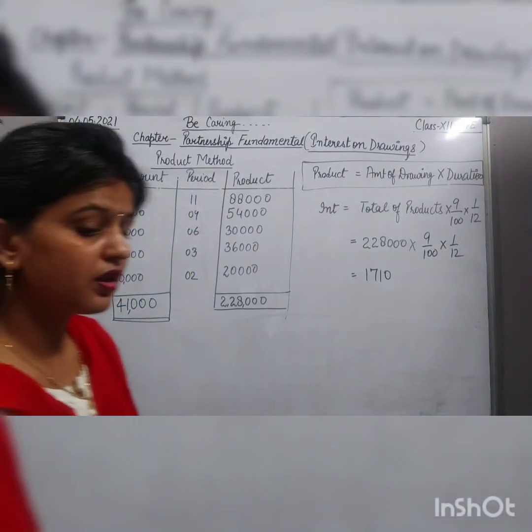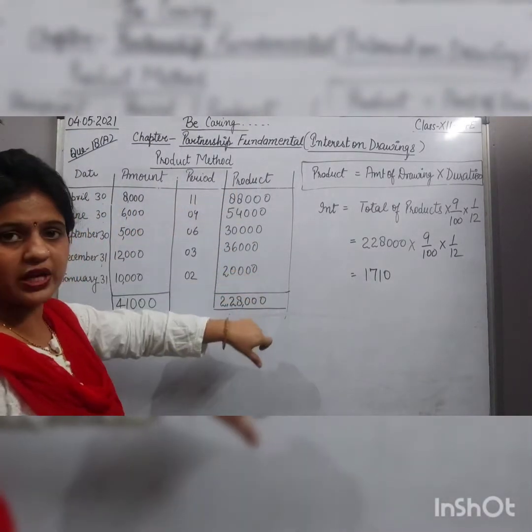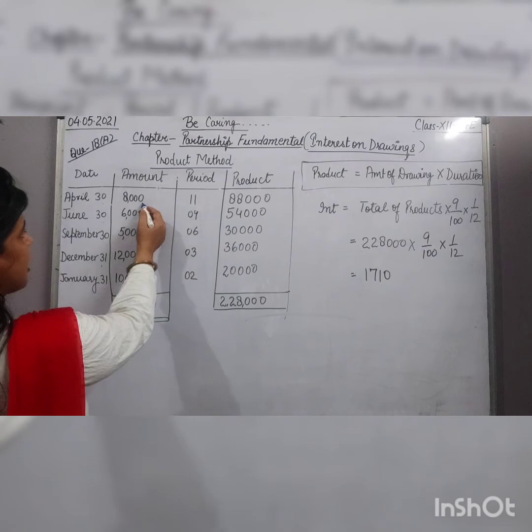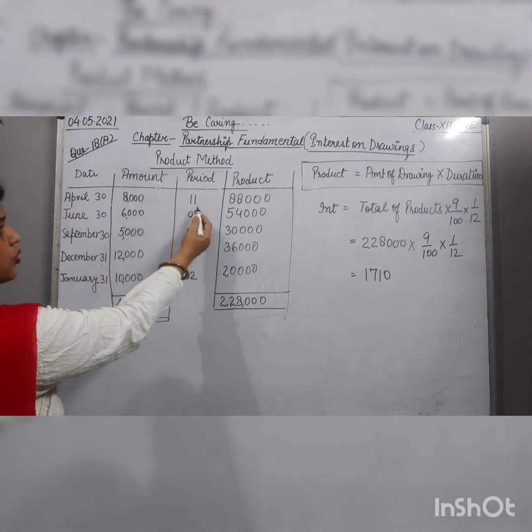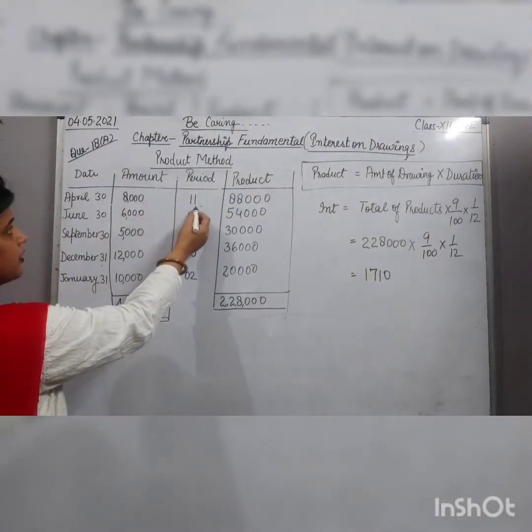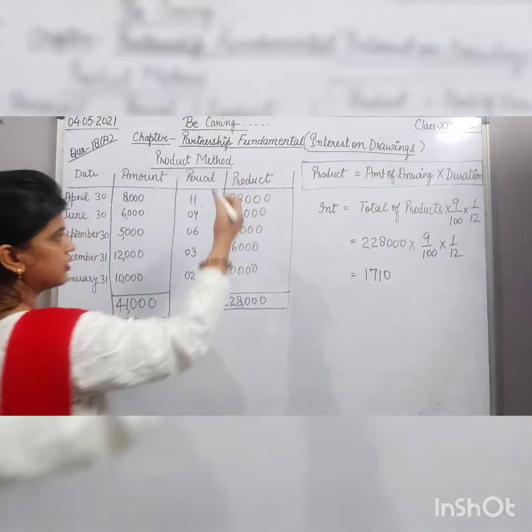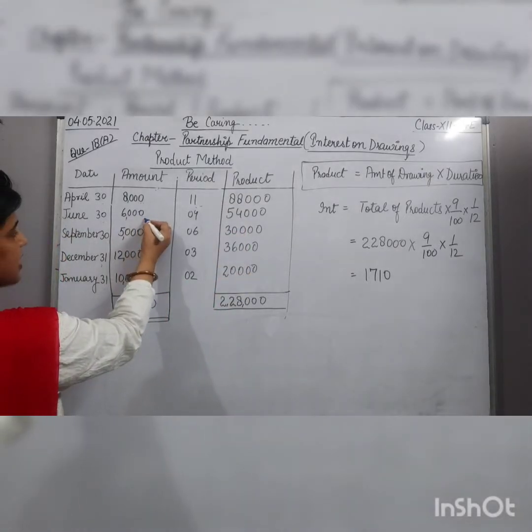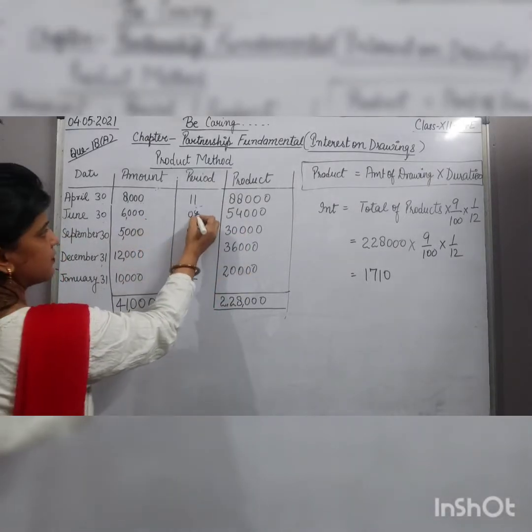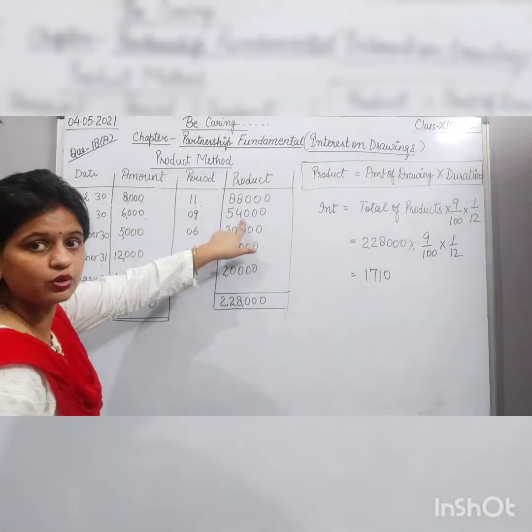For interest on drawing, we have to calculate the product for each set. So 8,000 is for April 30, and the duration is 11. We calculate the product by multiplying amount and duration: 8,000 into 11, 88,000. For June 30, 6,000 amount is given and the duration is 9 months, so 6,000 into 9, that is 54,000.